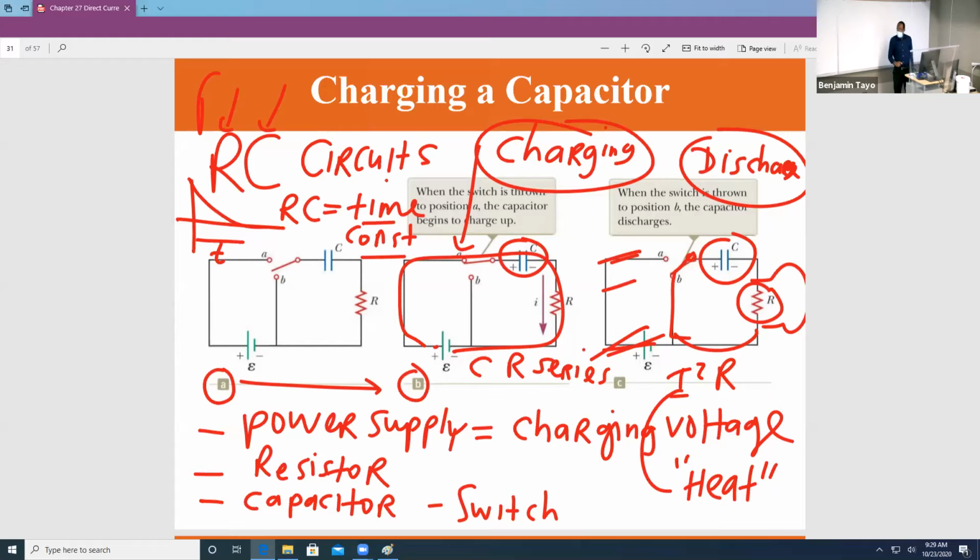And that tells me how long the capacitor can power the light bulb. If the time constant is very large, and this is what you need in a cell phone, for example, you want to charge your cell phone for a longer period of time, so you need a higher time constant. But if the time constant was just something like 5 minutes, it means that you can charge and discharge and lose all the energy within a very short period of time.